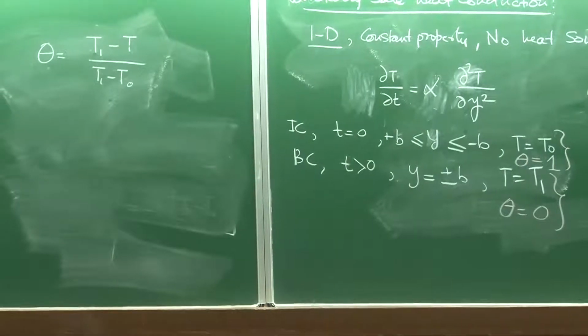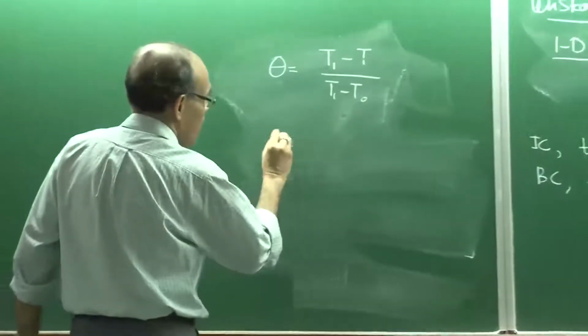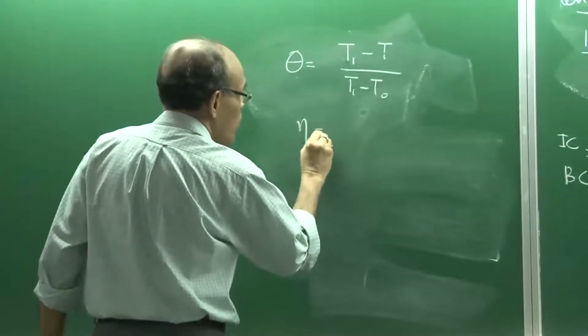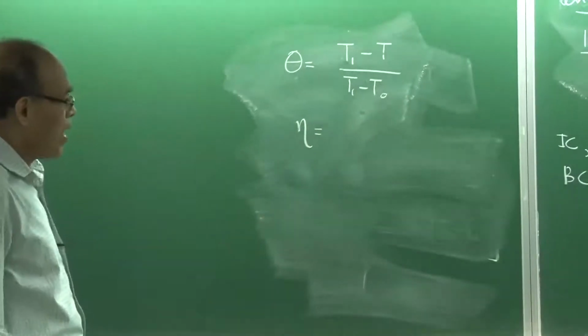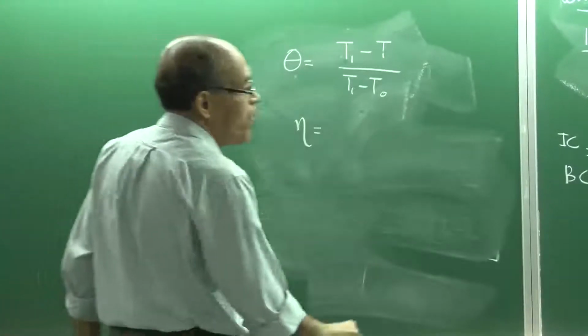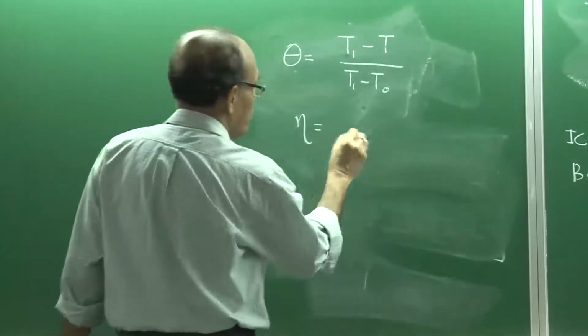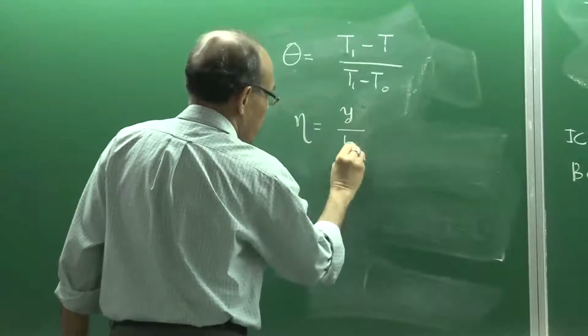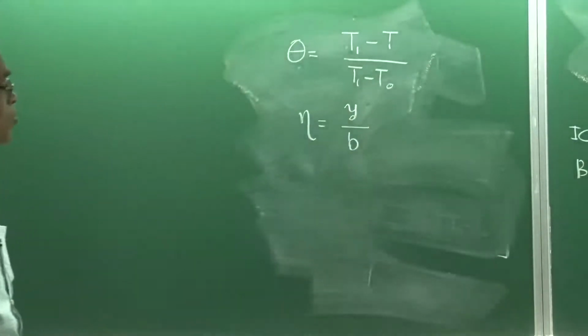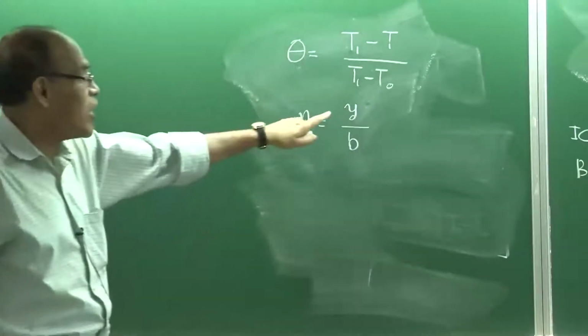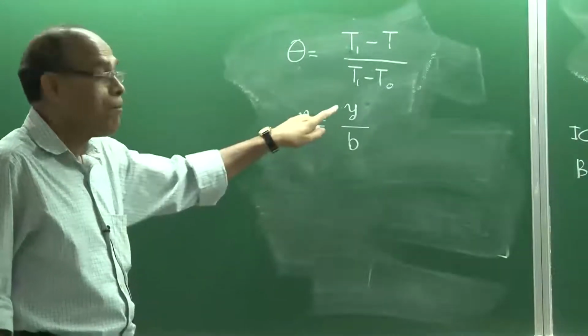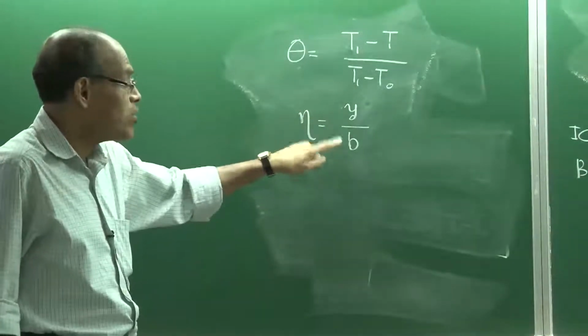Let us say that we introduce another non-dimensional parameter, which is the non-dimensional distance, and that distance is going to be y divided by b. So, therefore, what happens now? When y is equal to plus b, this will be plus 1. When y is minus b, this will be minus 1.